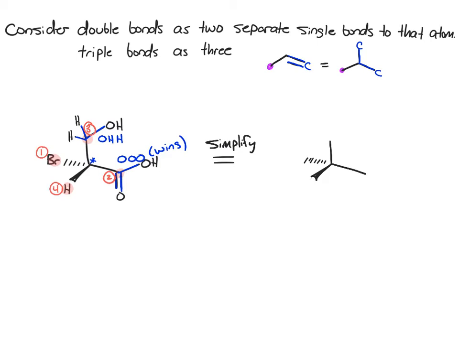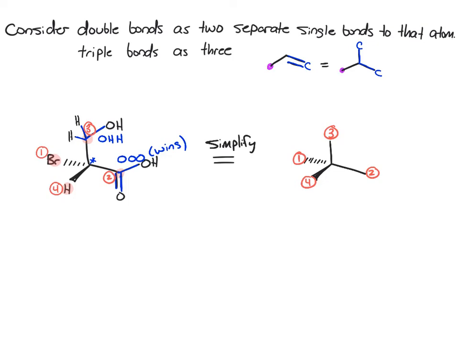Here's my tetrahedron, and then on that tetrahedron, just write your priority numbers. We have 1 back, 4 out, and then 2 and 3 in the plane. And then this small molecule here is really easy to work with and manipulate.